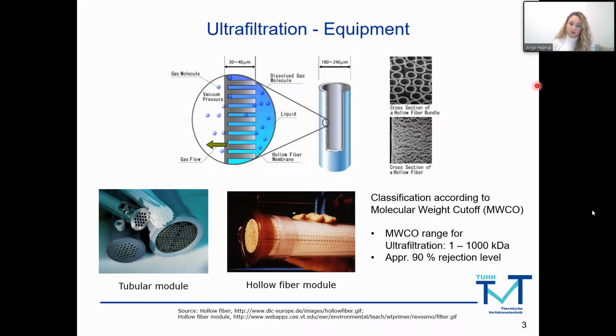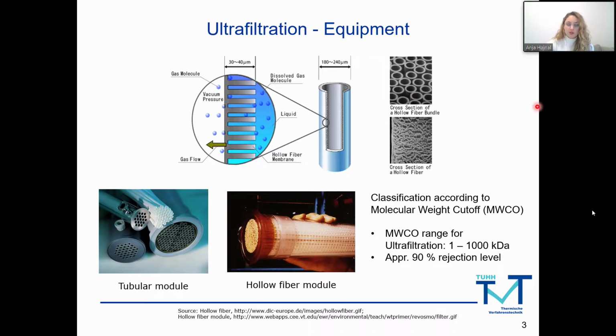In the case of a hollow fiber module, we have much smaller tubes and, of course, a higher surface area for our operation. But then these thin tubes are also more easily breakable. We can have a larger pressure drop, more difficulty with cleaning and fouling, and so on.